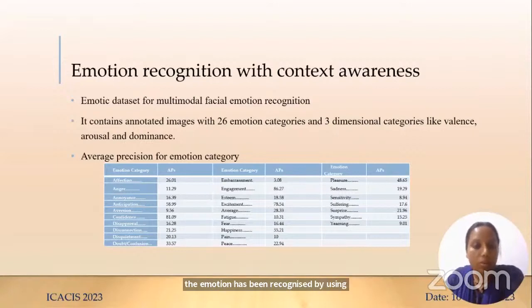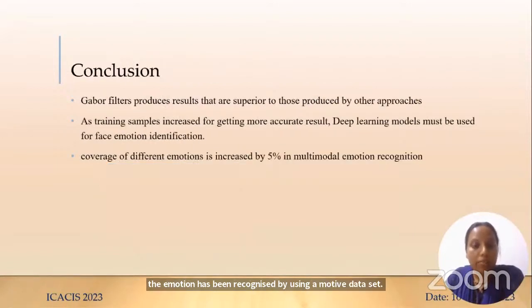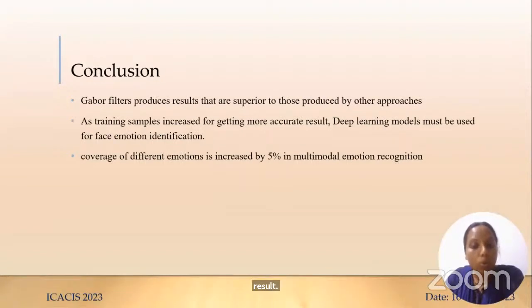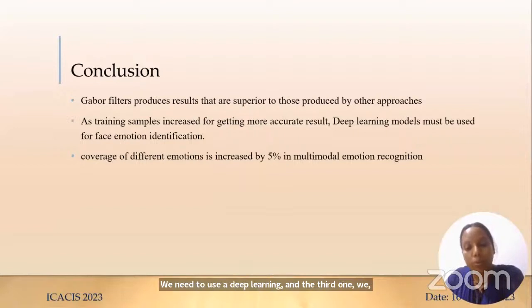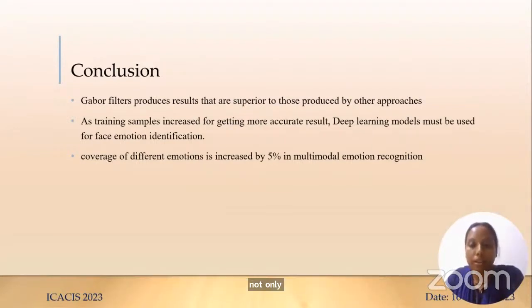So, concluding, the Gabor filter produces results that are superior to those produced by the other approaches. As the training samples increase, for getting more accurate results we need to use deep learning. And the third one: if you want to recognize more emotions, you have to use not only one modality but different modalities for emotion recognition.